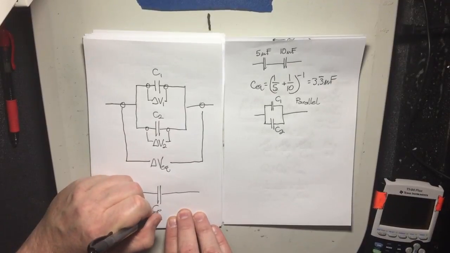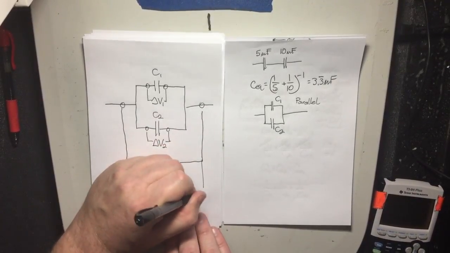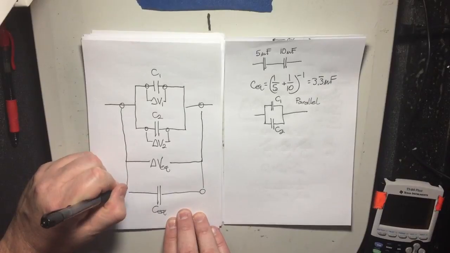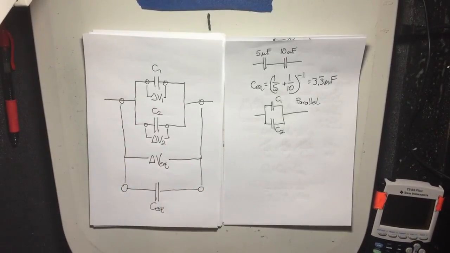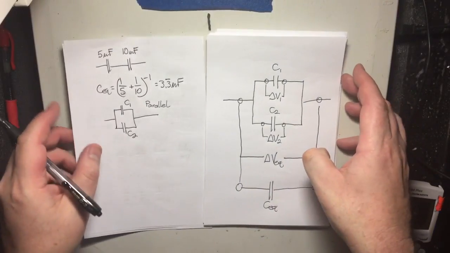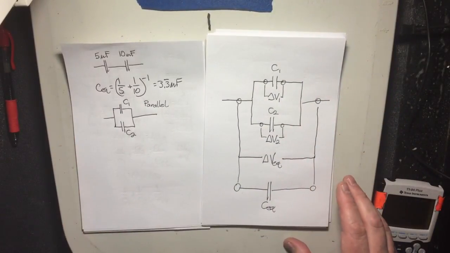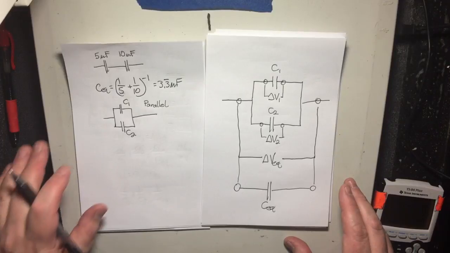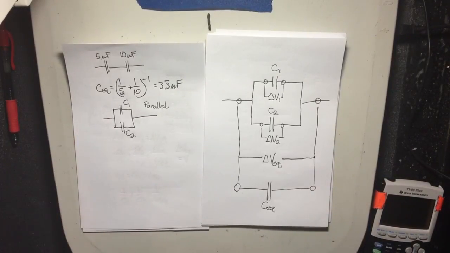And so this is our equivalent capacitance, which you could also say for the potential difference is like this. So what do we know about the potential differences across 1, 2, and the equivalent? What is the obvious, immediate observation? Yes?